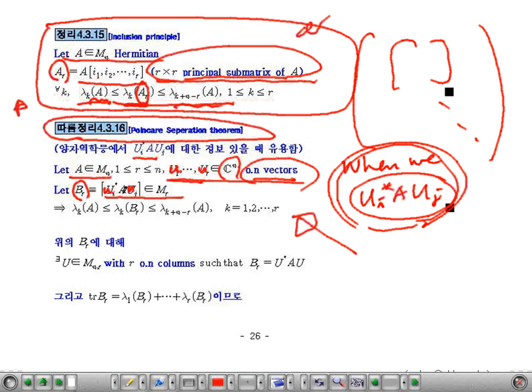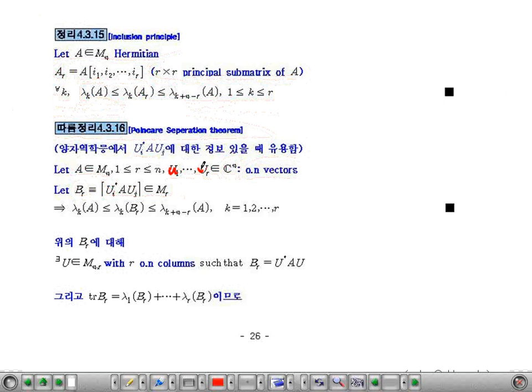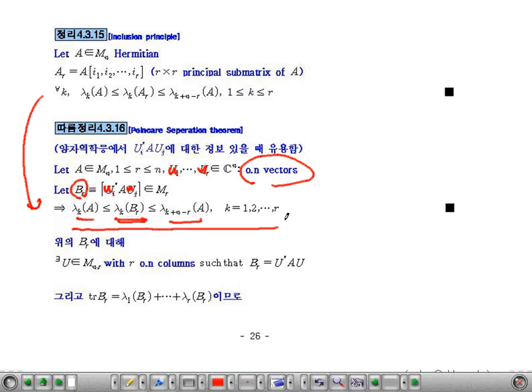These are also orthonormal vectors, and this is the ijth entry of this B_R matrix. Then for this B_R matrix, the kth eigenvalue of this matrix is this. This gives us more information because we know exactly what the entries are of the matrix which is generated from the given matrix A.